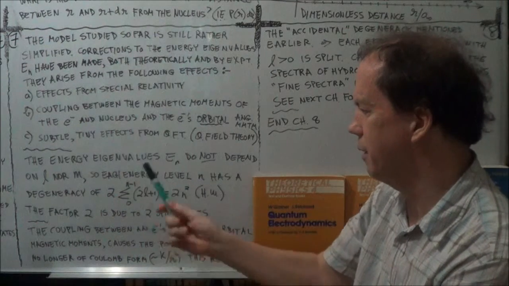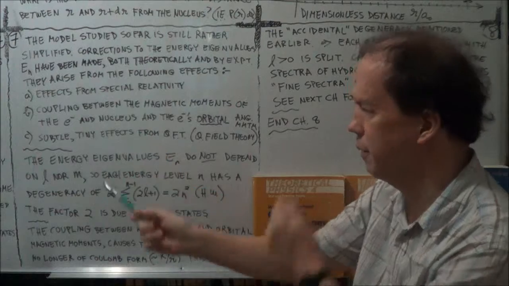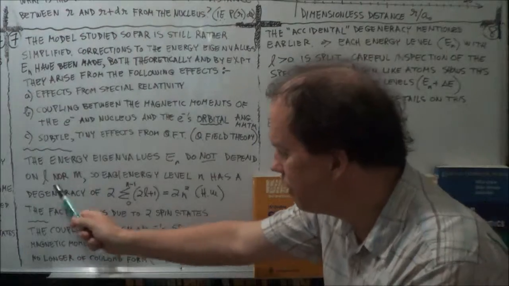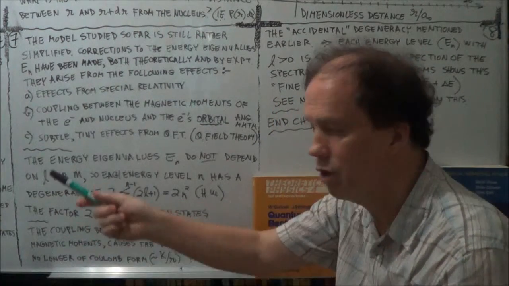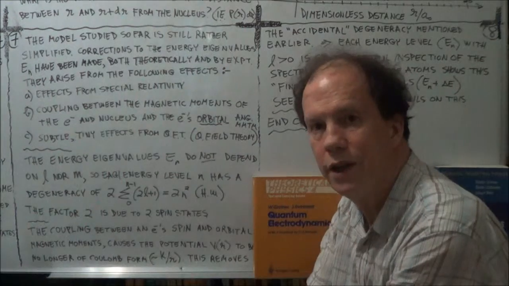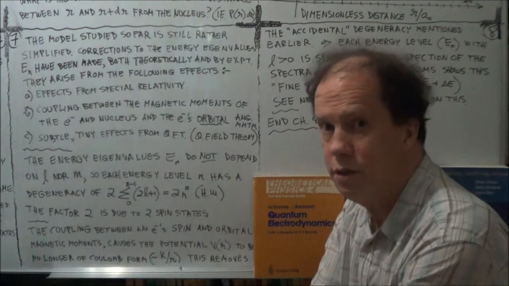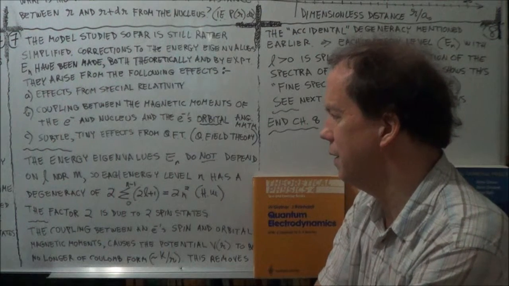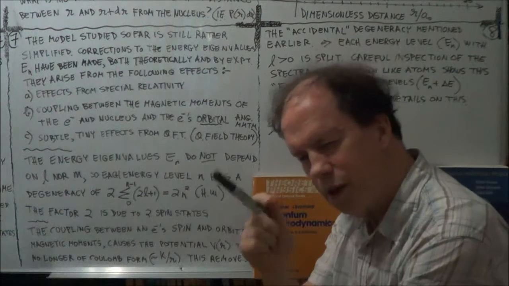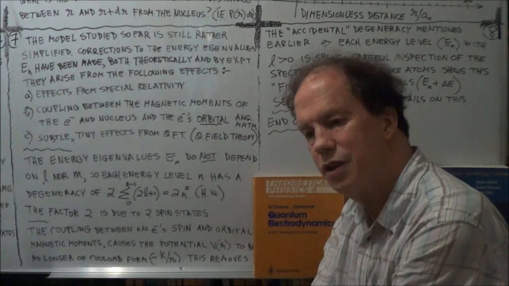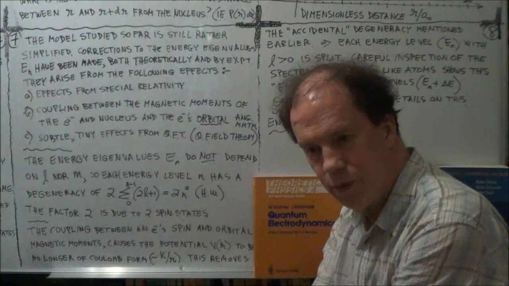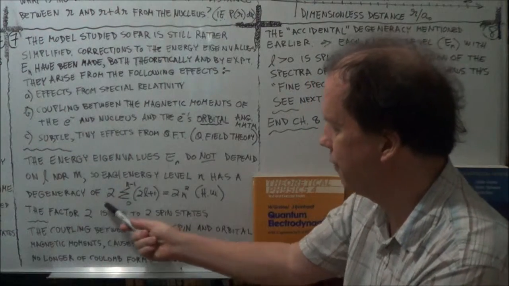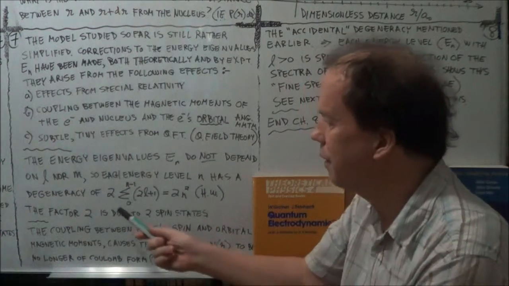So getting back to our simplified model, the energy eigenvalues here do not depend on L or M. You have to go back a session or so to see the formula for the eigenvalues, and there's no mention of L or M in it, right? So that means those energy levels are degenerate in terms of L and M. If you put in the L and M, you'll get this degeneracy.